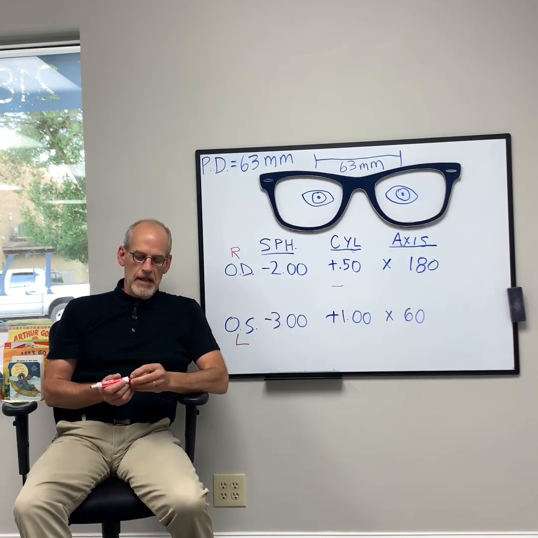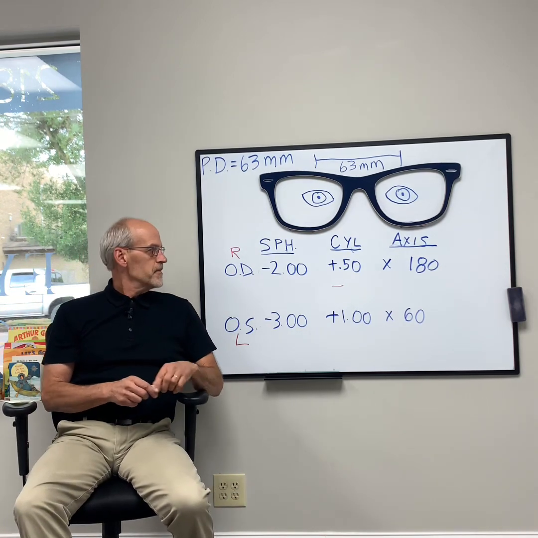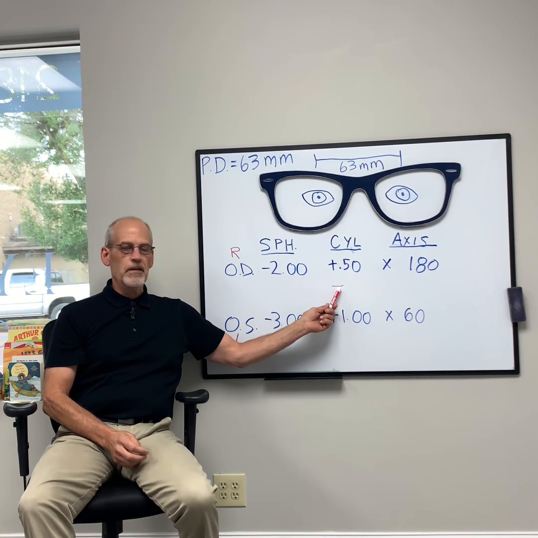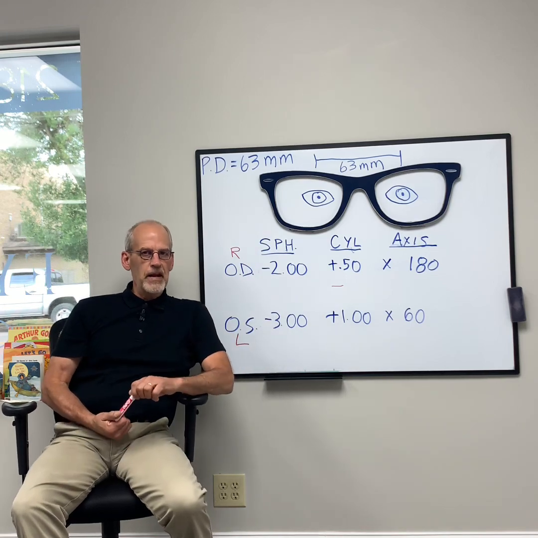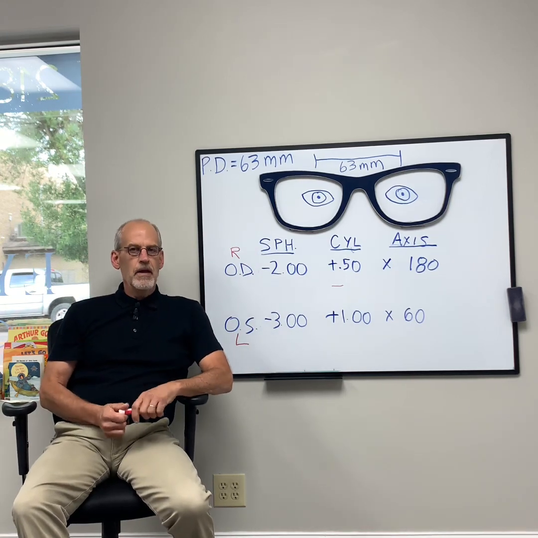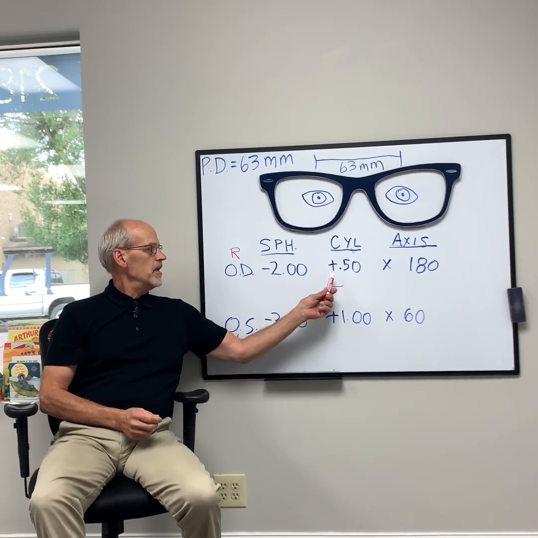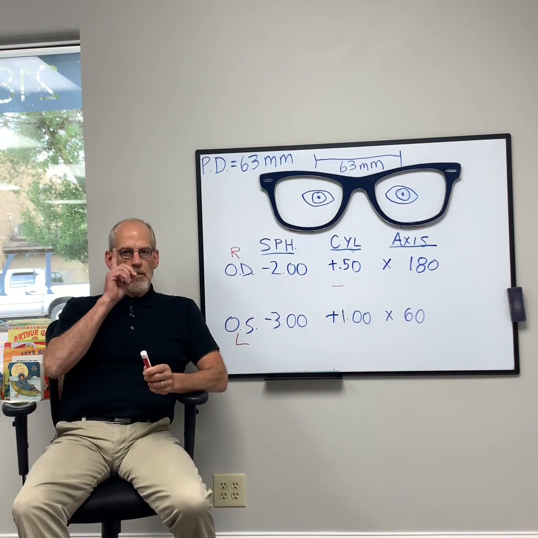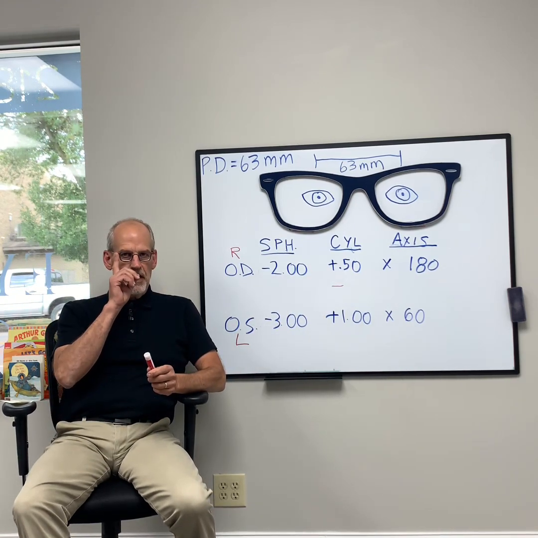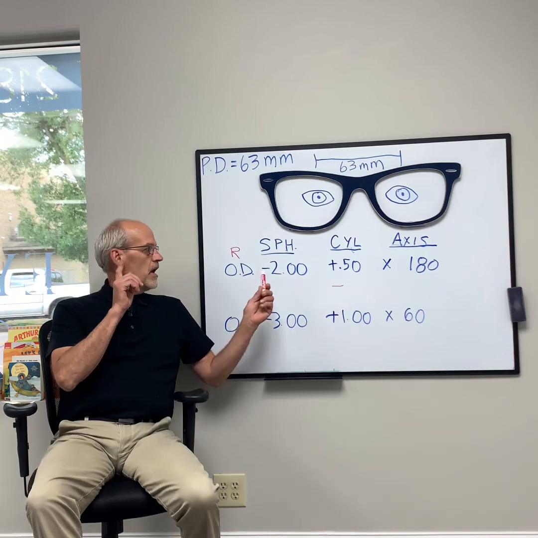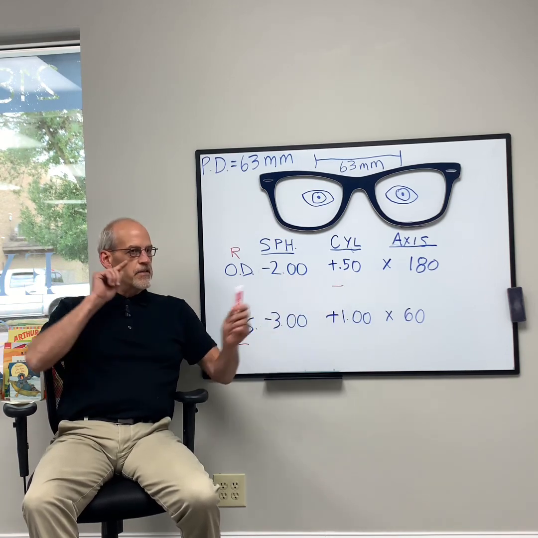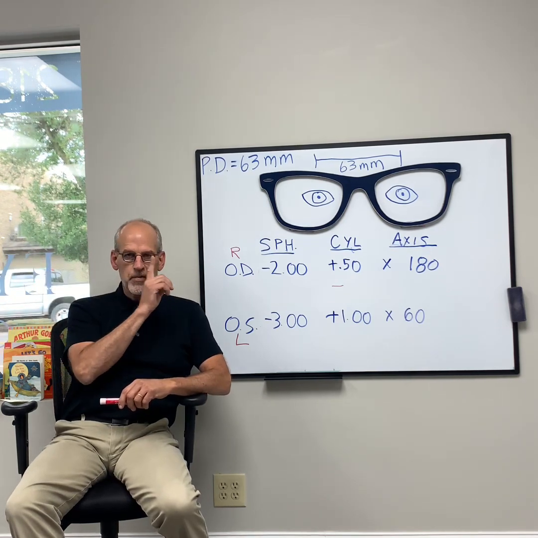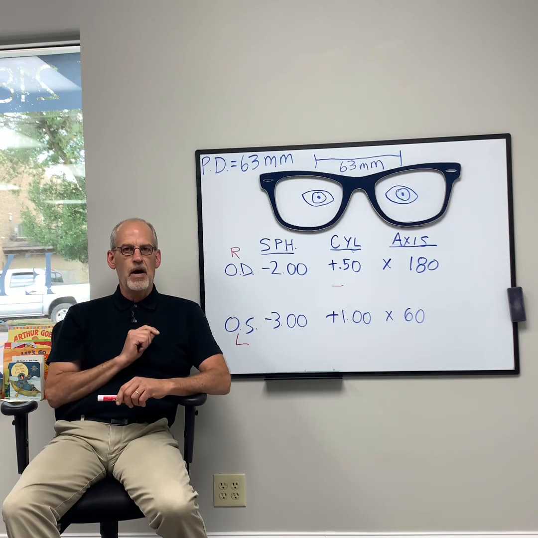Whenever we make up eyeglasses or fit contact lenses, we have to change this from plus cylinder to minus cylinder because all eyeglasses are made up in minus cylinder. The reason for that is if we make up a pair of glasses in plus cylinder, you always have a base curve on the front of the lens. And then in plus cylinder, the base curve would be on the inside of the lens, and we'd have to grind the prescription on the outside of the lens, and that's not possible.